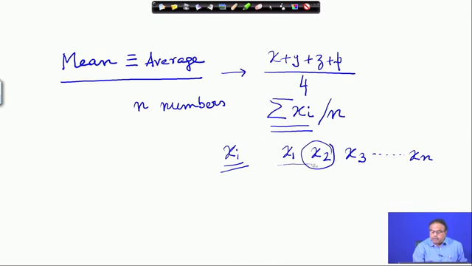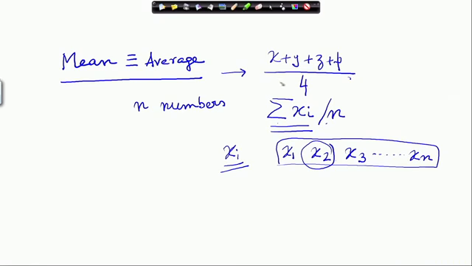So, the sum of all these numbers can be designated as sigma of xi. This sigma means summation, and so I do the summation of this and divide by n. When it was 4 numbers, then I divided with 4. Here, since there are n numbers, I divide it with n.